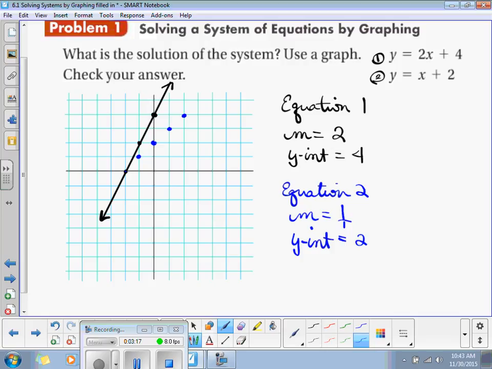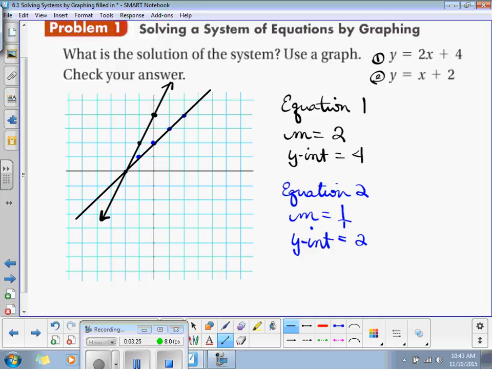And here's the graph for our equation. And don't forget your arrows, because they go on forever in both directions.